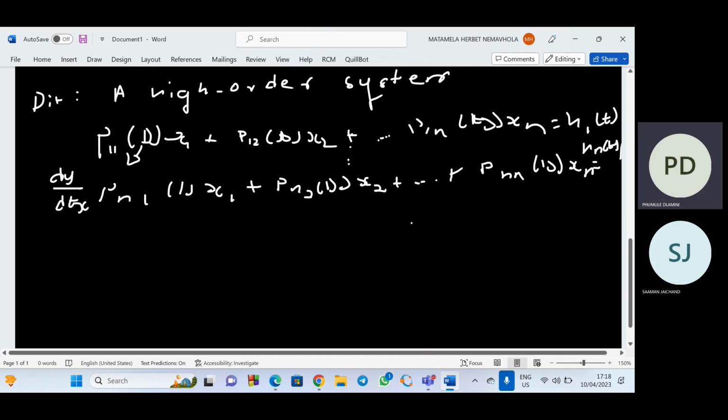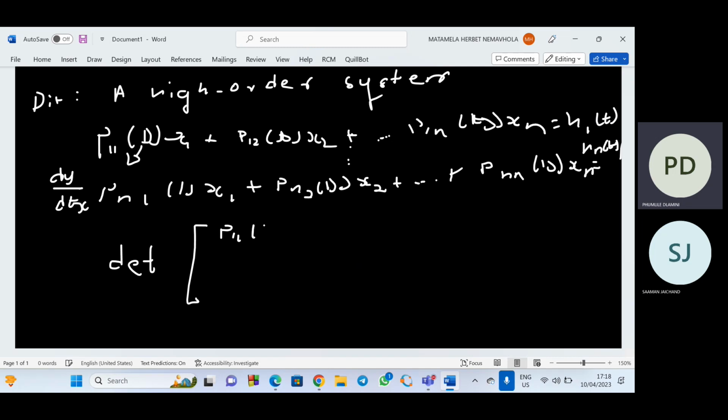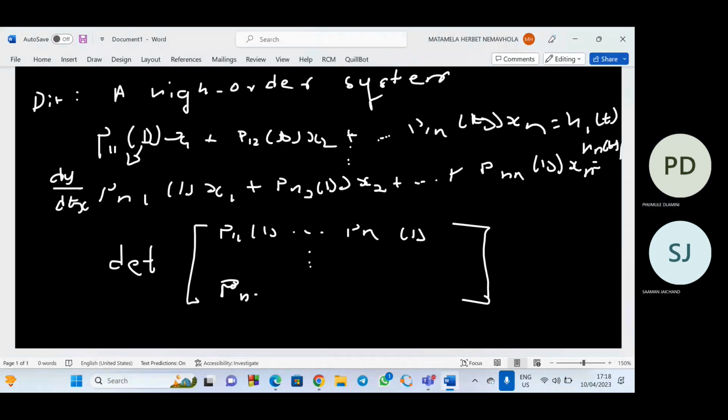So if we get the determinant of this matrix, we just take the coefficients, which are P11 of D up to P1n of D, and then when you go, it's going to be Pn1 of D up to Pnn of D.